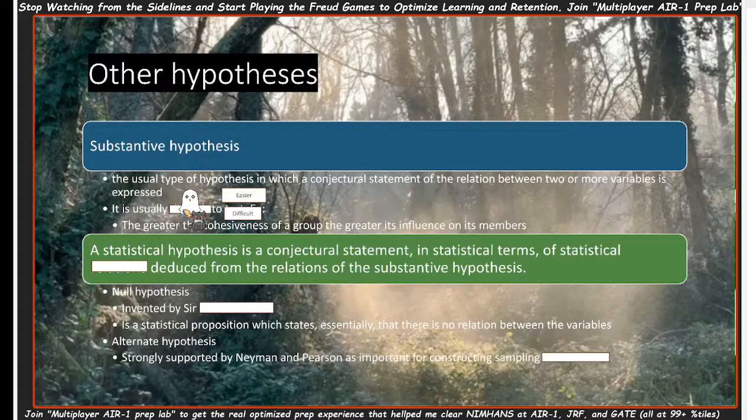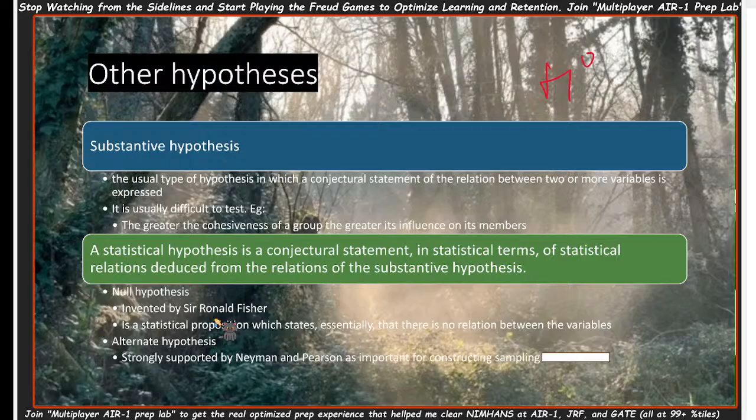It is based on the principles of falsification, which Karl Popper did talk about way earlier. The way you should test a null hypothesis was given by Sir Ronald Fisher.